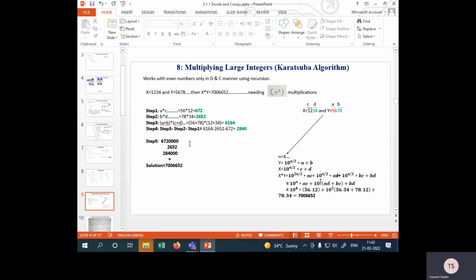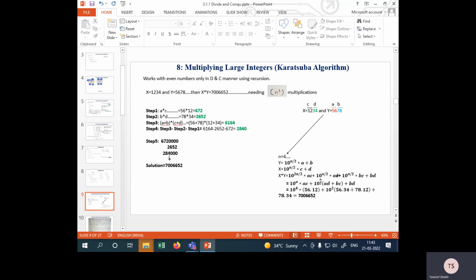Now step 5. Step 5 says take the 672 from step 1, write it here, and append 4 zeros to its right. Why? We will discuss that, but for the time being, take 672 and add 4 zeros to its right.